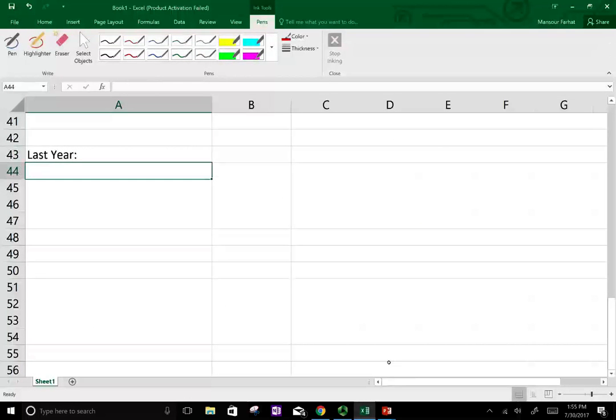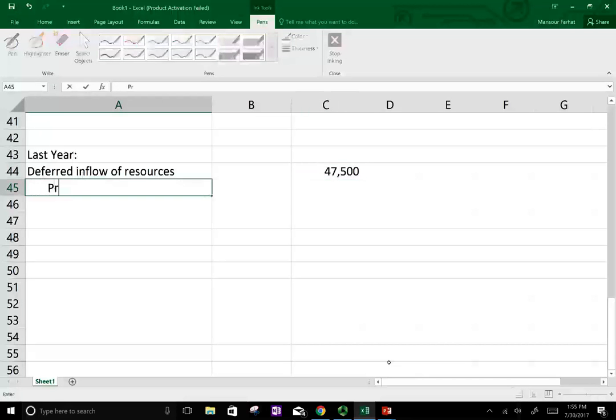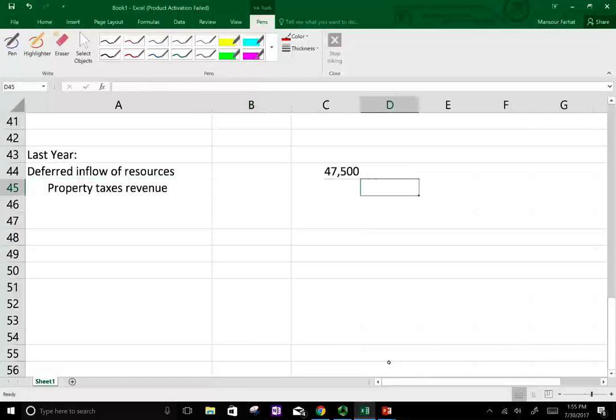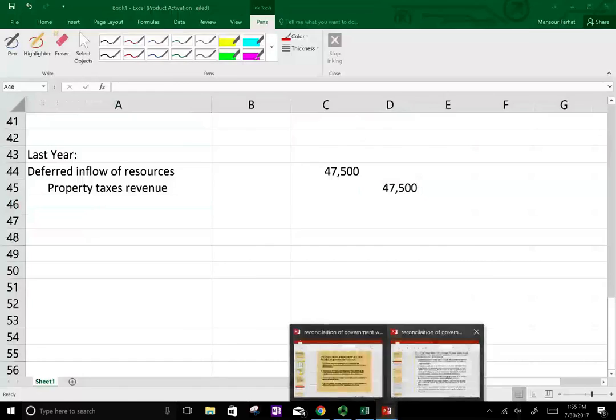Last year, what we did is we debited deferred inflow of resources, $47,500, and we credited property taxes revenue, $47,500. This is what we did the prior year, last year.